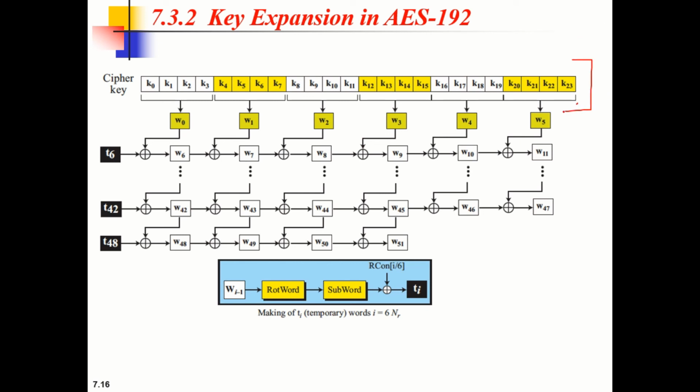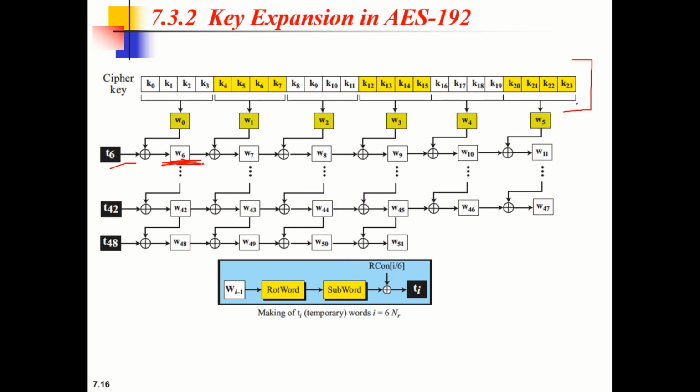Because of the increase in the size of key. So what we do is, in this we have to check whether the subscript of this word is a multiple of 6 or not. In the 128-bit key we were checking whether it is a multiple of 4 or not. In this we'll be checking whether it is a multiple of 6 or not.